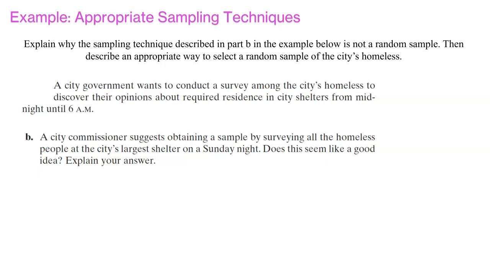So again, the city commissioner suggested that we survey all the homeless in the city's largest shelter. We talked about why that isn't a good idea. So what would possibly be a better way to get that sample? Instead of going to the largest shelter on a Sunday night, what could we do differently?